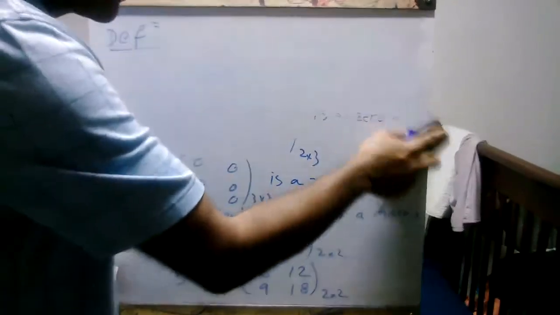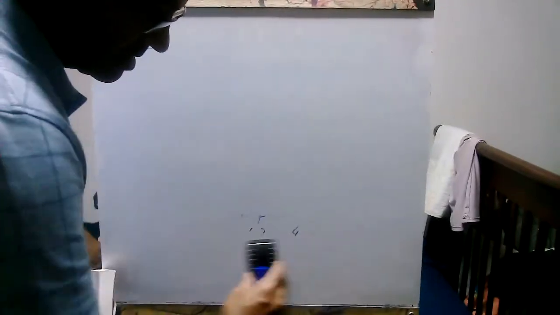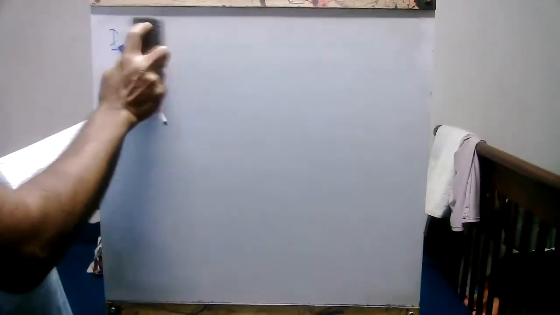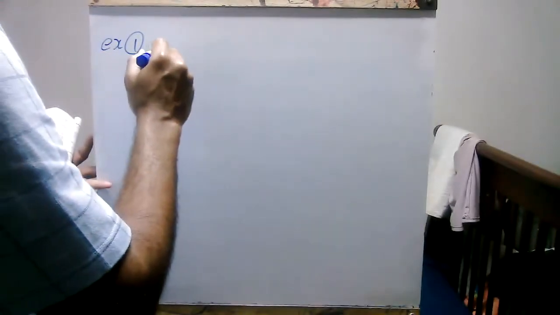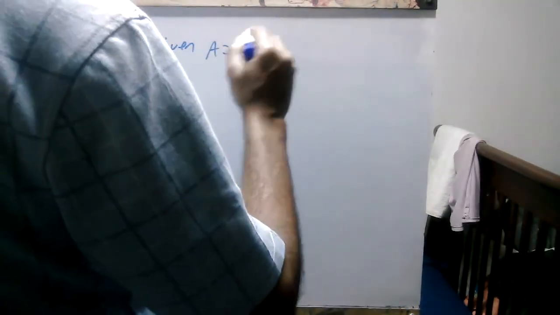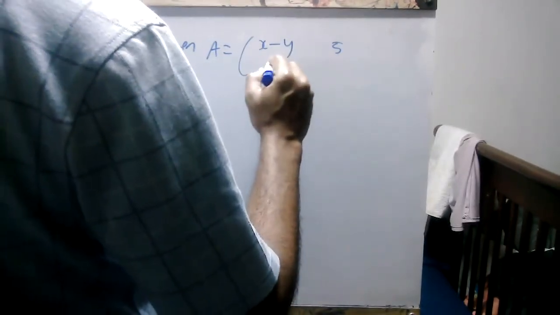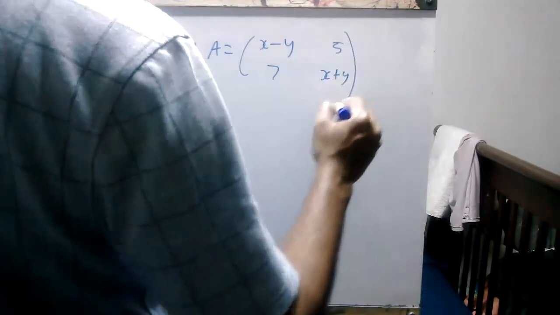Let's do some examples. Example 1. Given A equals the matrix x minus y, 5, 7, x plus y, and B equals the matrix 9, 5, 7, 11.